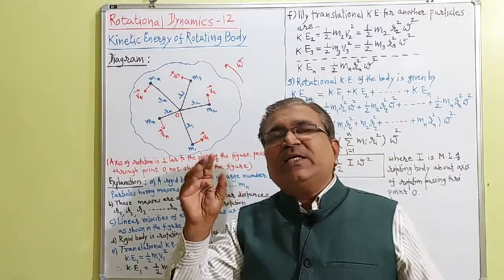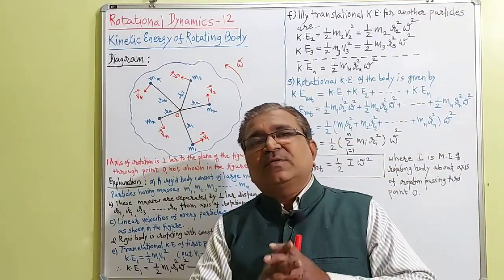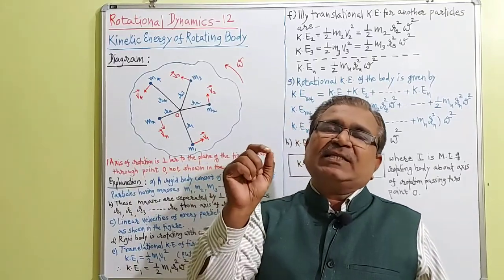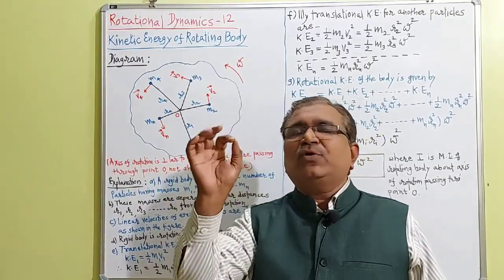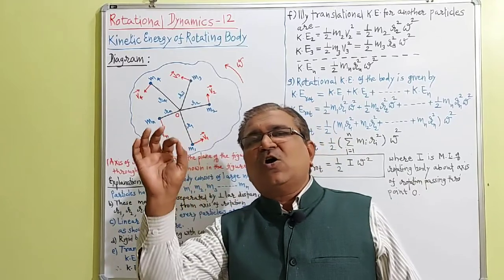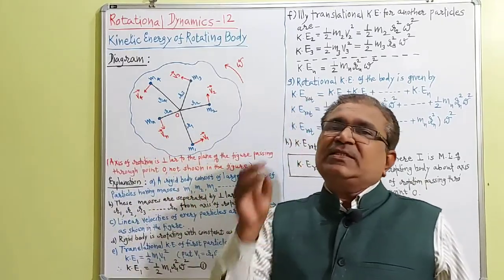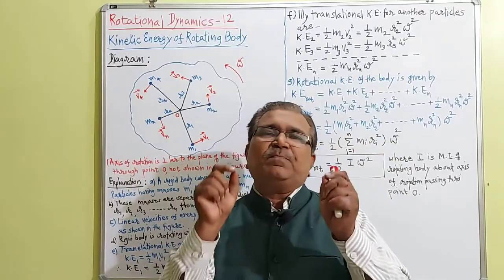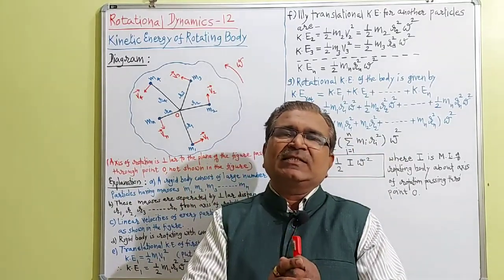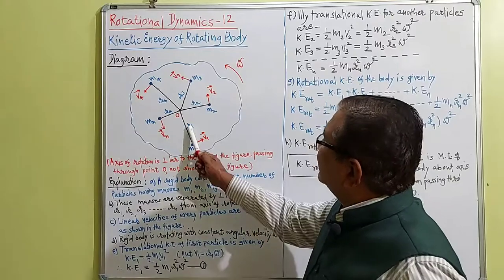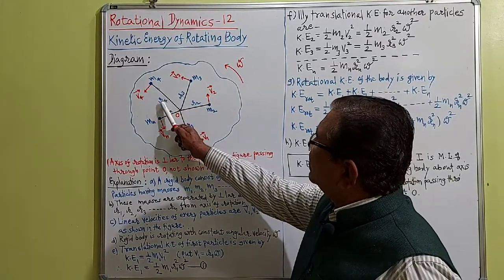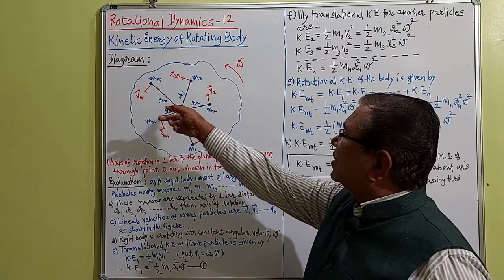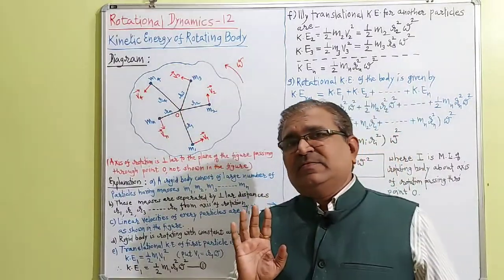This rigid body consists of a large number of particles having masses m1, m2, m3 ... mn. These particles are separated by perpendicular distances r1, r2, r3, r4 ... rn from the axis of rotation.